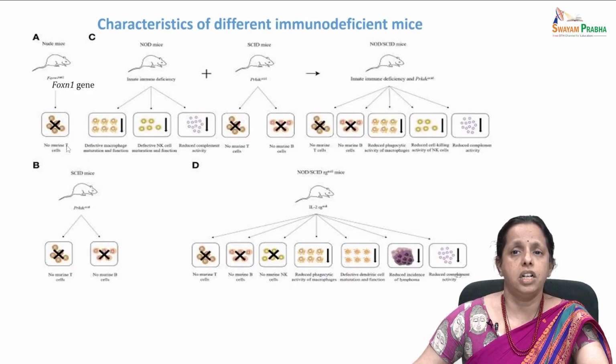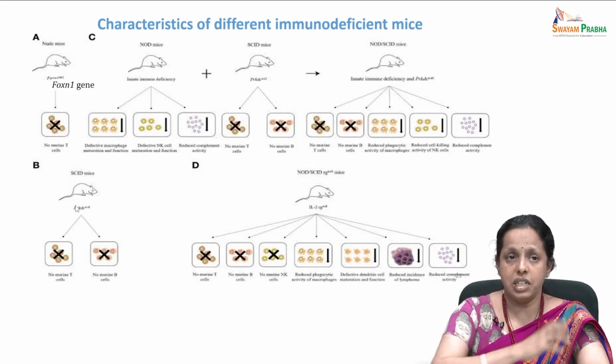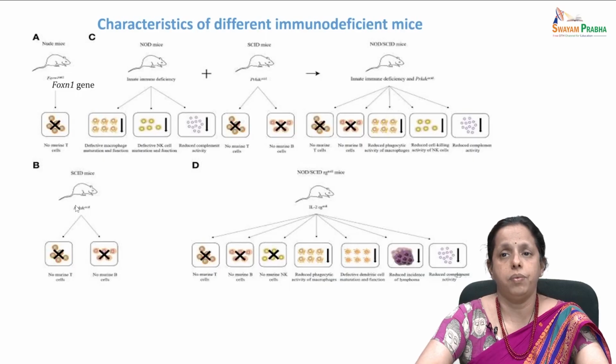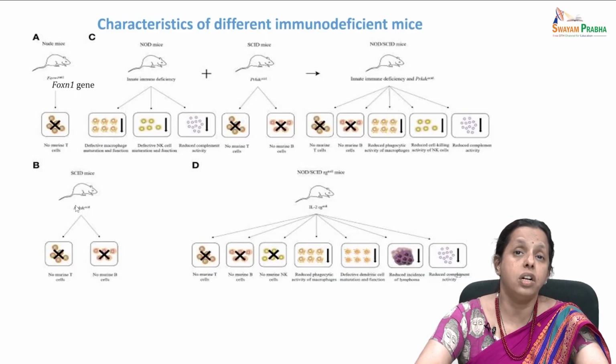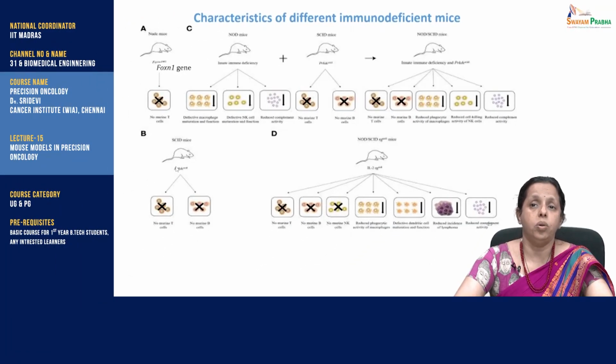The second stage included mice with SCID, which carries the mutation at the PRKDC gene. So, SCID mice are deficient in both T and B lymphocytes, but retain the natural killer cells and show leakage.